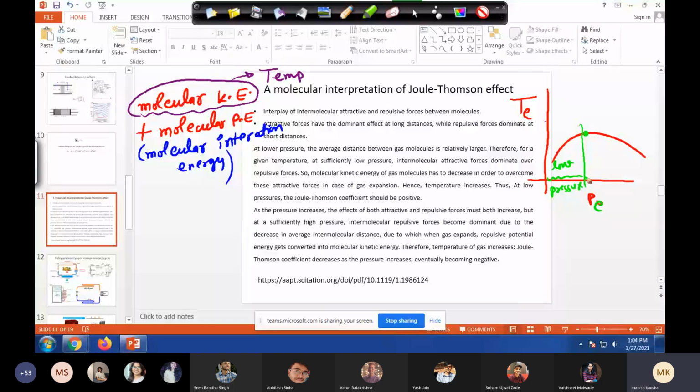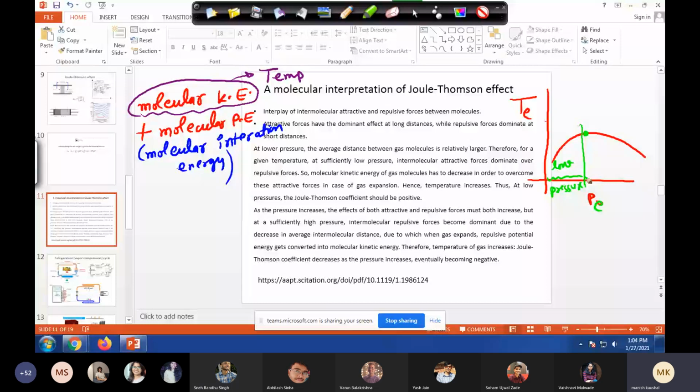In the low pressure regime, what do you think? When they are saying low pressure regime, the volume is large. You have to provide the larger volume at the exit. So what do you think, are these molecules close to each other or far from each other, relatively, in the low pressure regime? Far from each other.